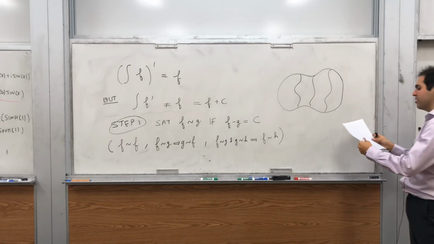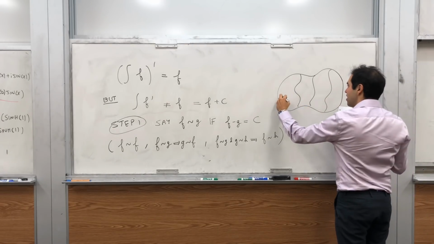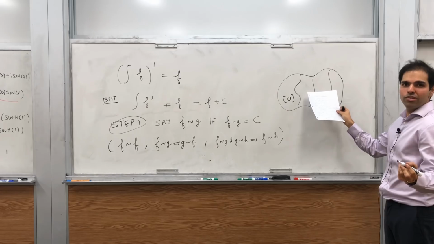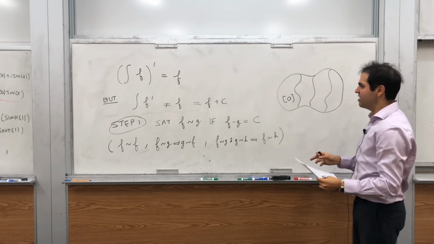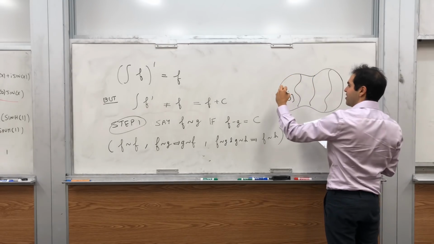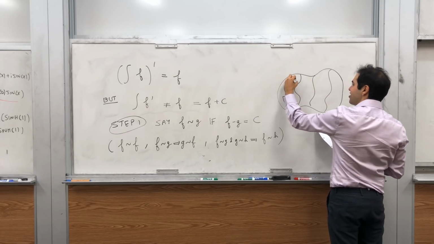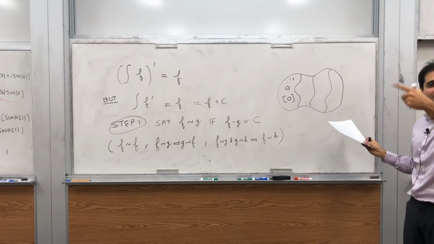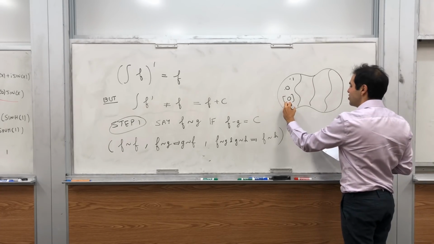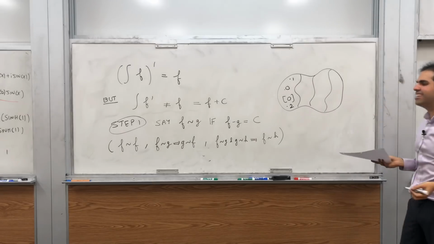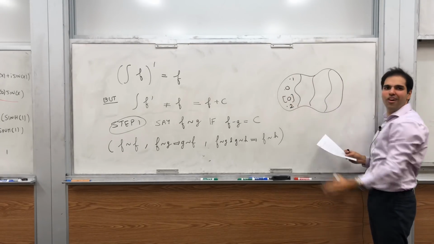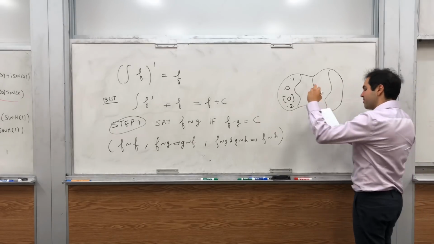So in particular, the country of 0 is any function that's equivalent to 0. So any function whose difference with 0 is a constant. So 0 is in it, the function 1 is also in it, because 1 minus 0 is a constant, the function 2 is in it, because 2 minus 0 is a constant, and in fact, this is the country of all the constant functions.